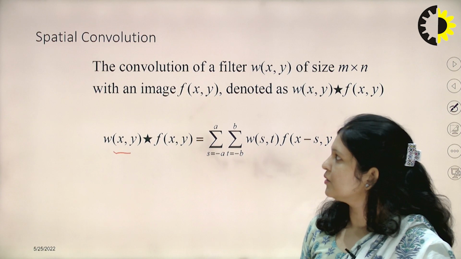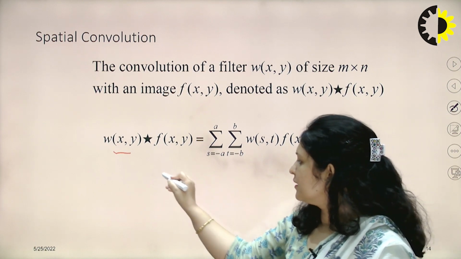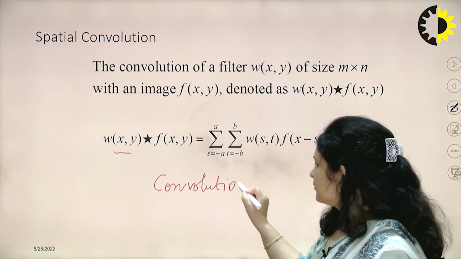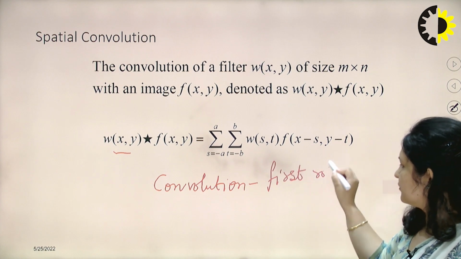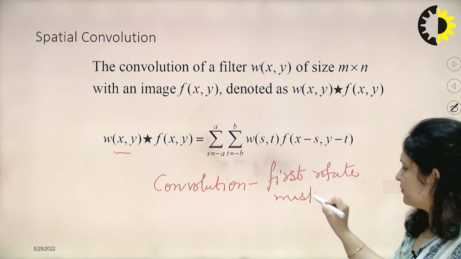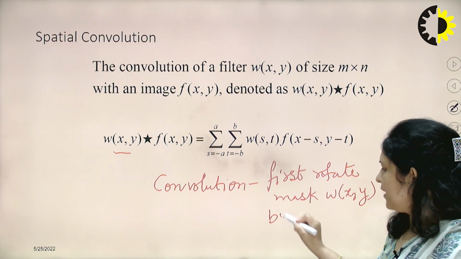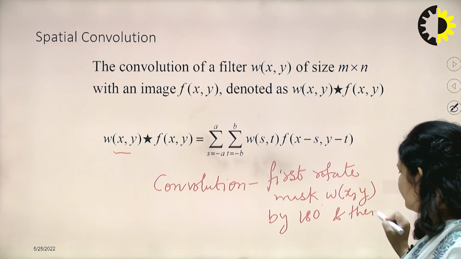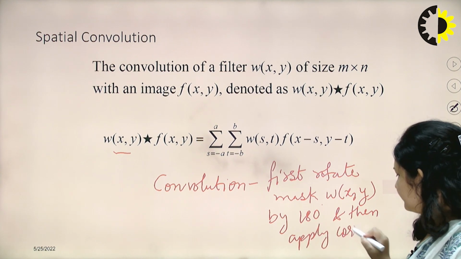This is similar to correlation, but the only difference is that convolution is nothing but first rotating the mask w of x comma y by 180 degrees and then applying correlation.